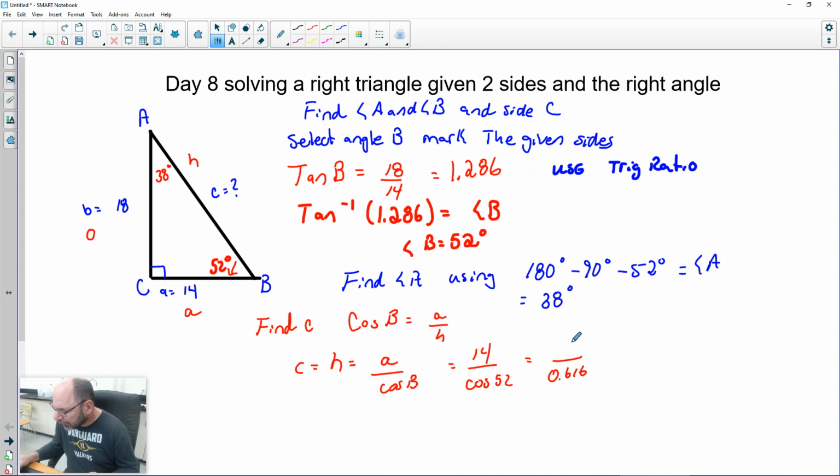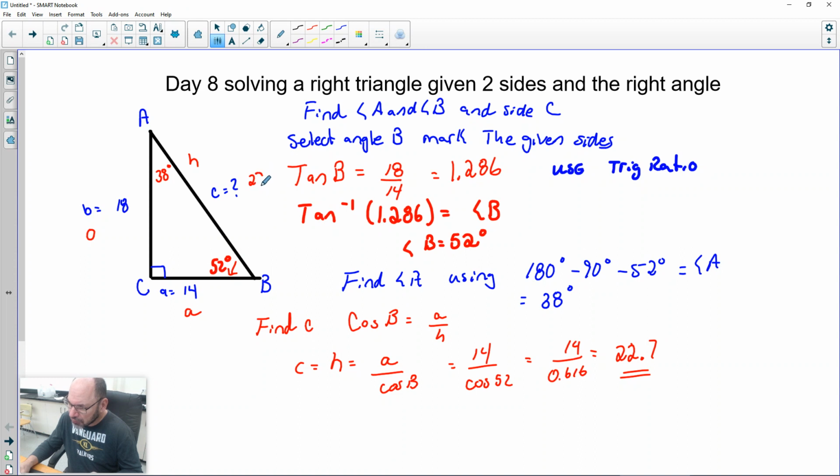So we're going to divide that out: 14 divided by 0.616. And that's 22.7 to the nearest unit. So this is 22.7.